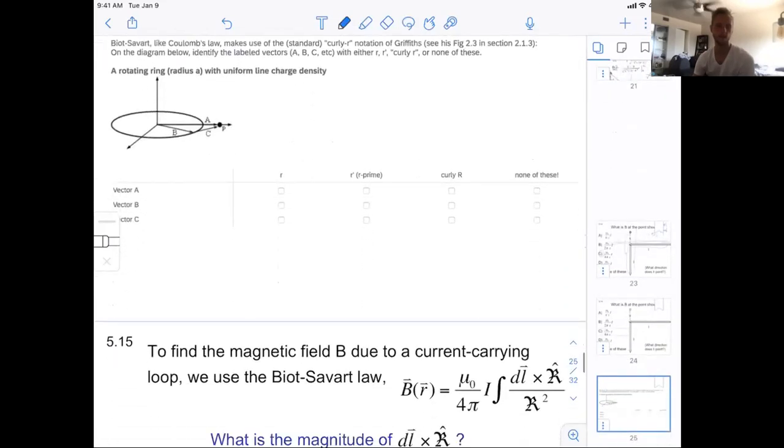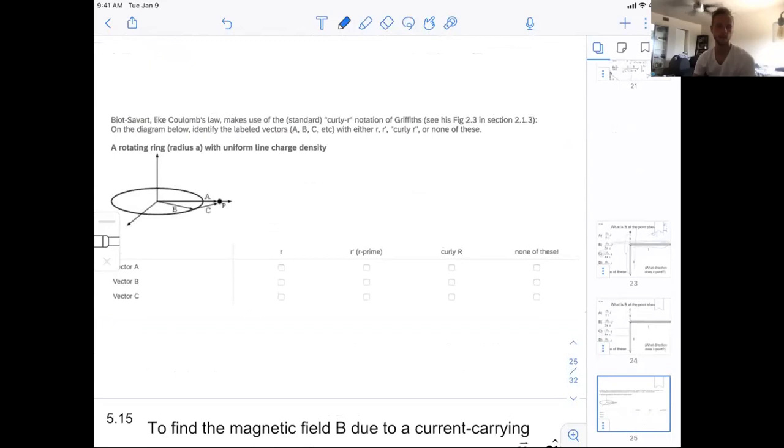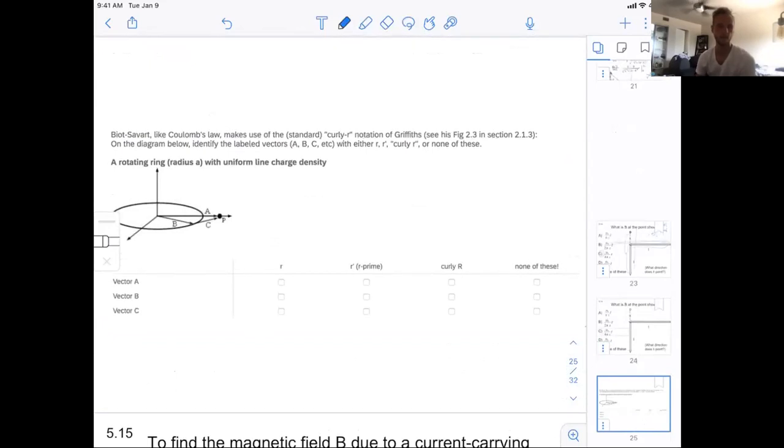Okay, so let's do a quick review of the pre-lecture that you did. Array is something we are going to discuss in our next class. But here, first, let's try to label all these vectors. Okay, vector A, what does vector A represent? From the origin to a field point.